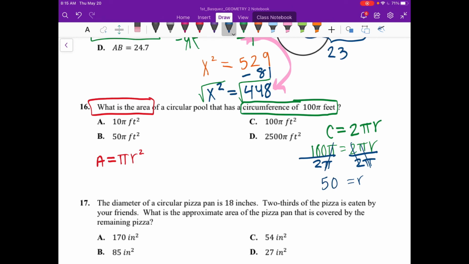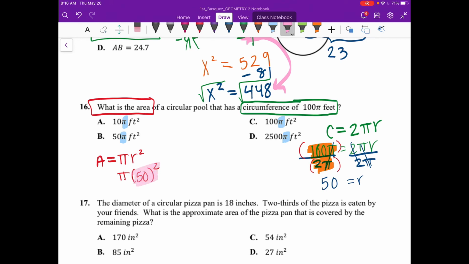That's my radius. Go ahead and practice putting that in the calculator, though. 100 pi divided by 2 pi. Remember, I recommended you use parentheses on that to make sure that you can get just 50. You shouldn't be getting any crazy decimals or anything like that. Now, the radius is 50. Please note, again, your final answers are left in terms of pi, so I want to enter everything except the pi in my calculator.